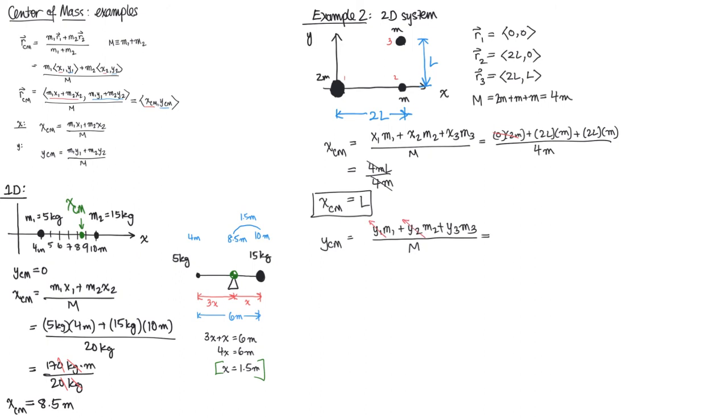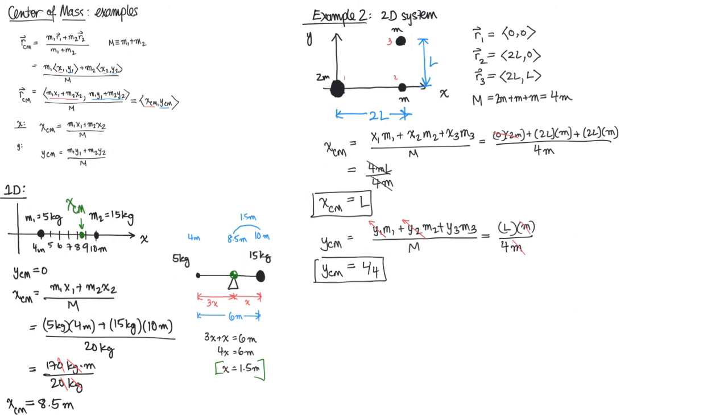So y3 is at a height L, and the mass of that object is 1m. And we divide that by total mass of the system. We get a little cancellation, and indeed, we find that the center of mass in the y direction is at a coordinate L over 4.